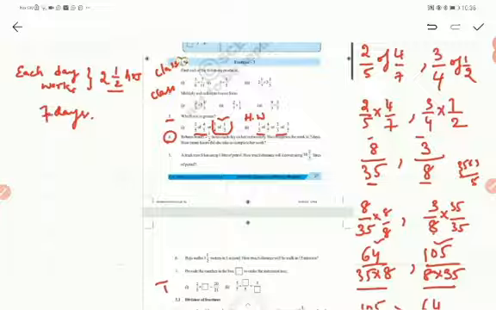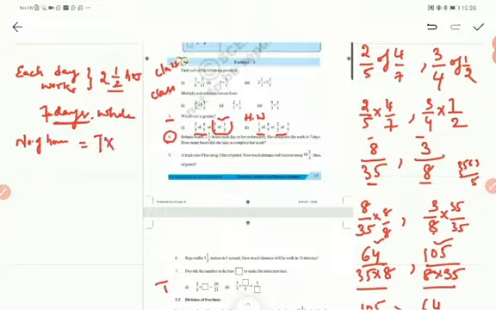So it took totally 7 days for her to complete the whole work. So the number of hours she took to complete her work will be how much? Each day she has worked how many? 2.5 hours.